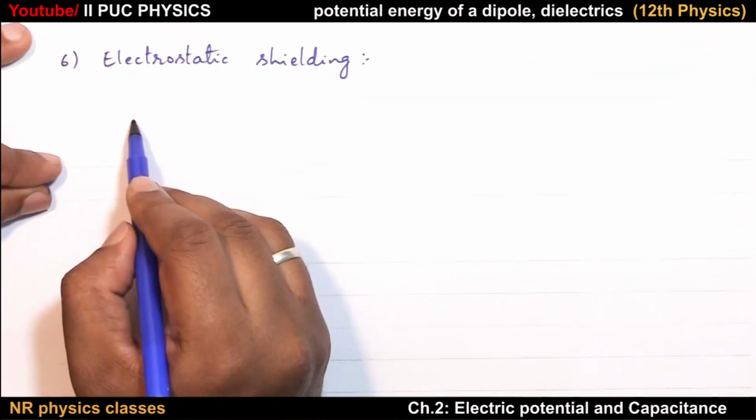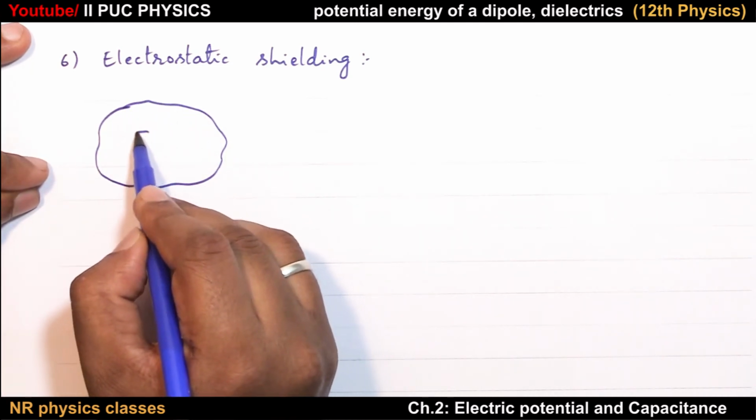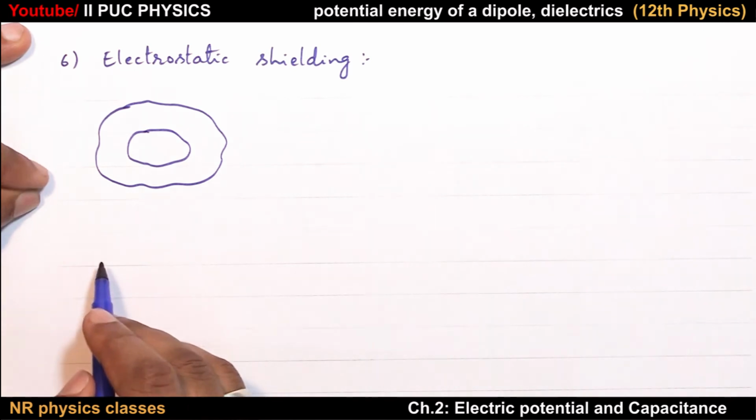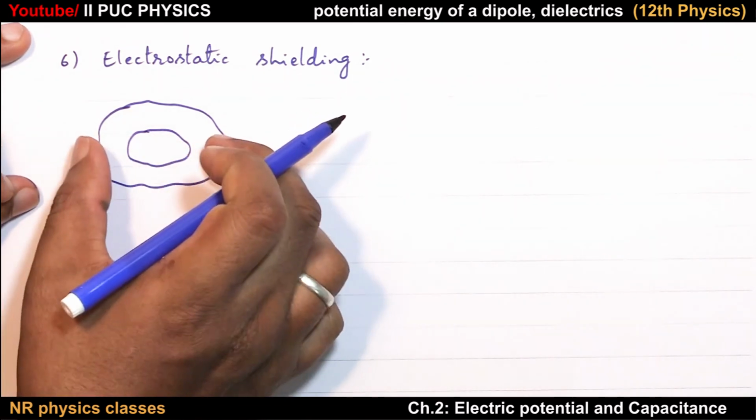Electrostatic shielding. Let this be a conductor with a cavity. Conductor with a cavity means there is a hollow portion inside this conductor.